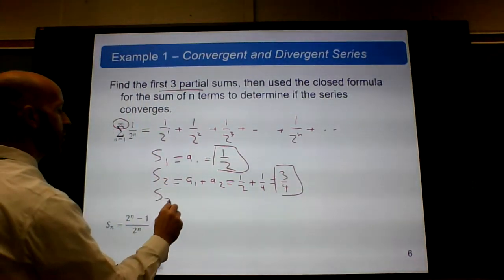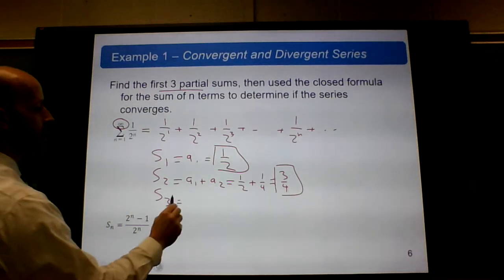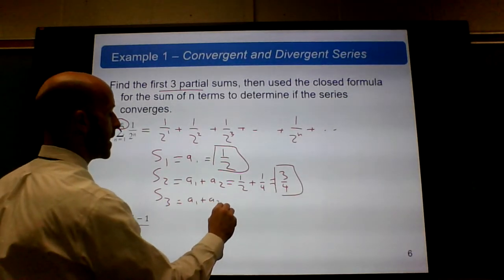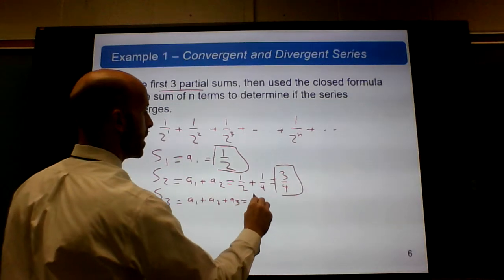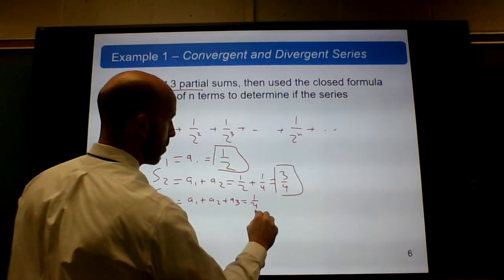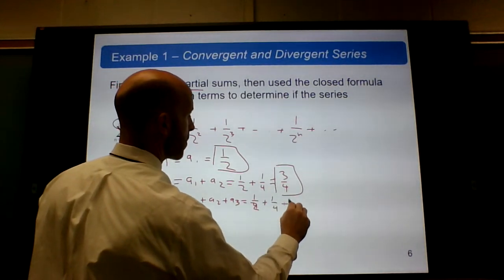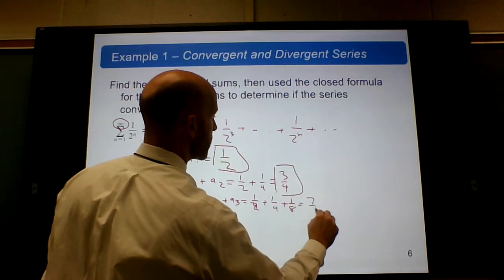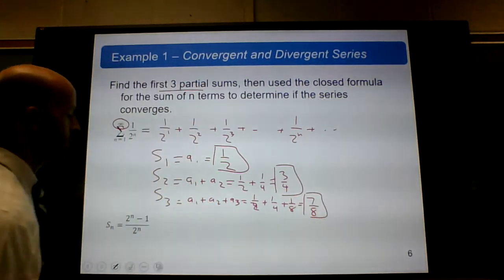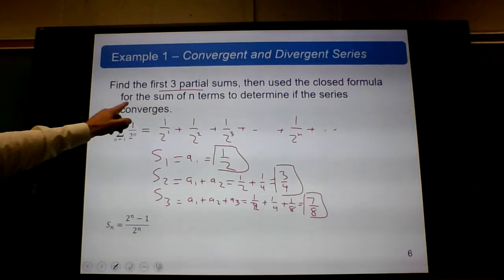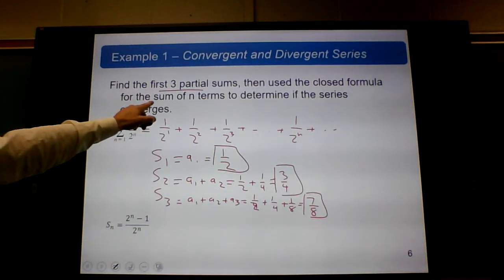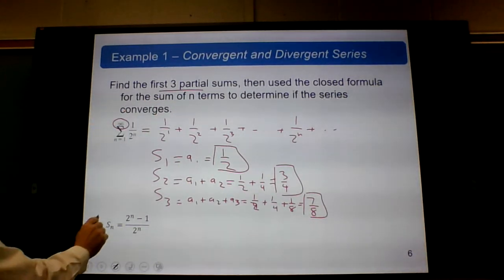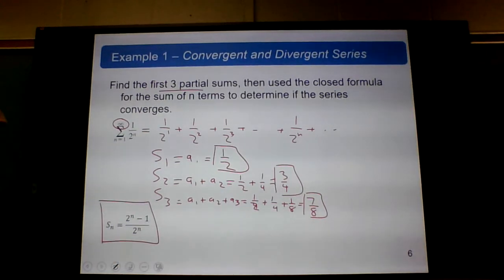And then S sub 3, the third partial sum, is a sub 1 plus a sub 2 plus a sub 3, which is 1/2 plus 1/4 plus 1/8, which turns out to be 7/8. Then it says use the closed formula for the sum to find the nth term. So here's the closed formula for the sum, and I claim that you can see that very easily from these partial sums.